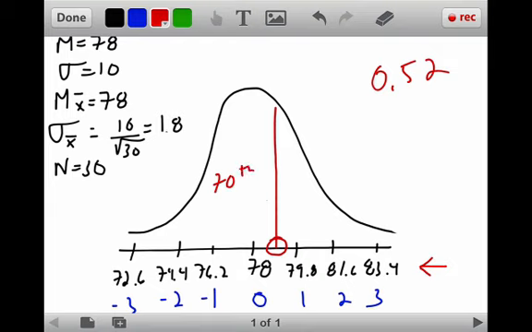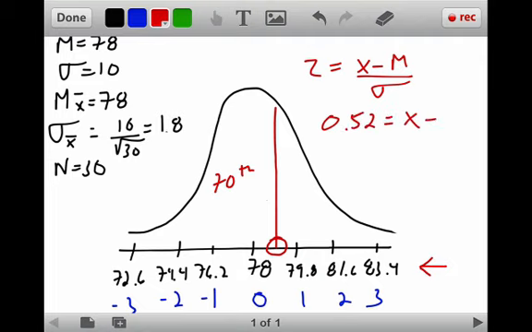Okay, so how do I do this? Same idea, using the z-score. The z-score formula: z equals x minus the mean, divided by my standard deviation. And remember that we are working with the information from this distribution that we're looking at right now. So we have a z-score here of 0.52 equal to x minus the mean here, 78, and our standard deviation is still 1.8.